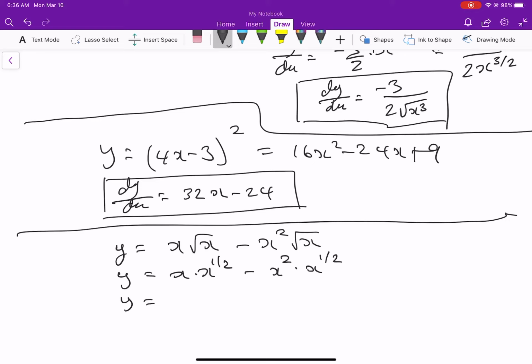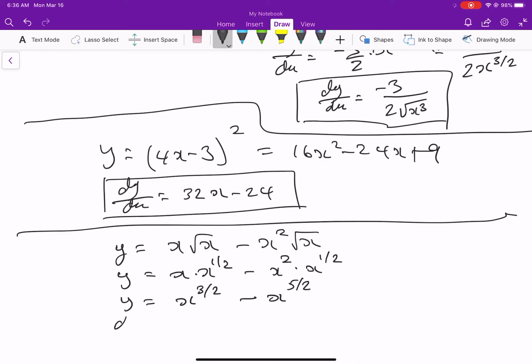x times x to the half, same base, and you're multiplying, you add the powers. Everybody knows that. Even I know that. This is x to the power 3 halves minus x to the power, when you add the 2 powers, 2 plus a half, x to the power 5 halves. Now each part of the function is in the form a x to the n.